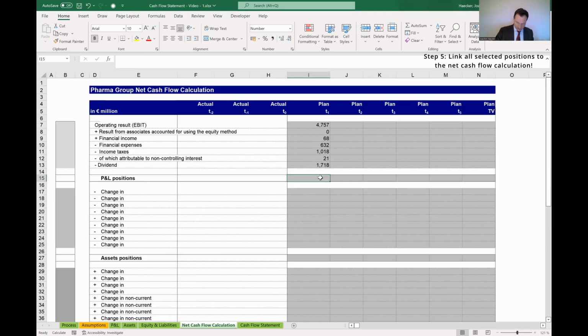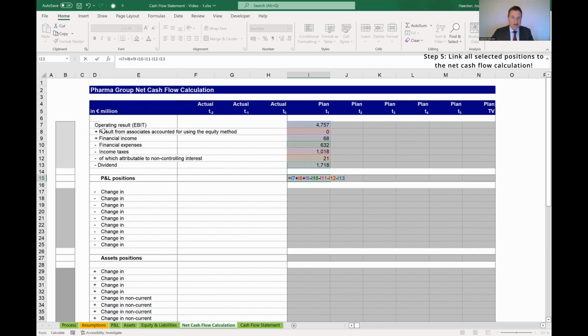And my P&L positions sum up to equals operating result, EBIT plus, because here it's indicated as a plus, results from associates accounted for using the equity method, then plus financial income, minus financial expenses, minus taxes, minus non-controlling interest, minus dividend.